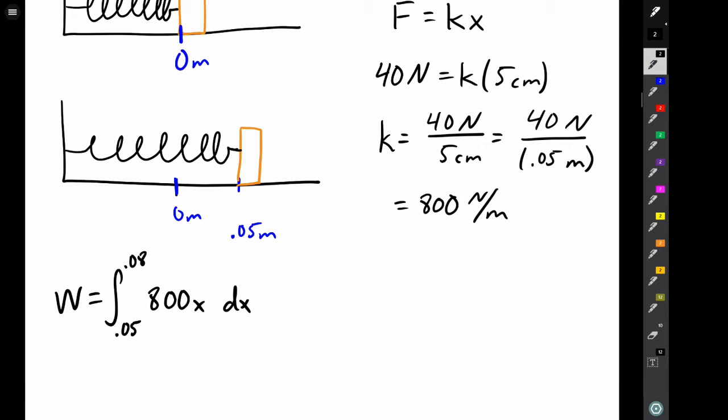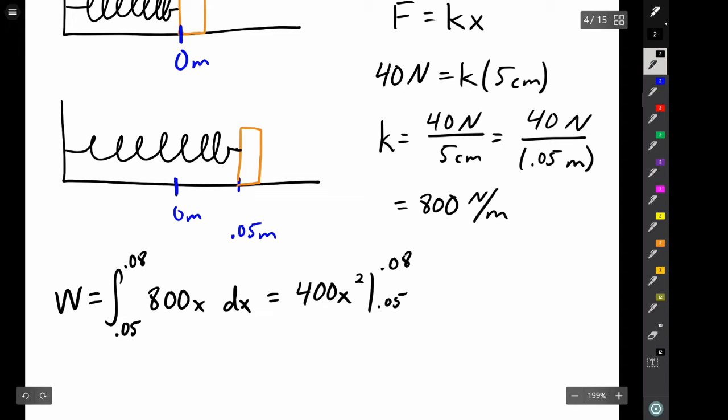Right? And the output of this is going to be the work required. Right? And again, remember, this is going to be measured in joules. Right? So we do our normal business here. This is 400x squared from 0.05 to 0.08. Right? So this part of the computation isn't terribly exciting.